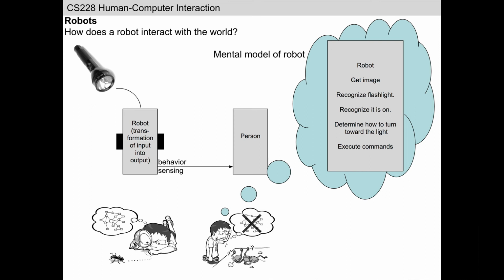If we observe a robot or an ant that is following a light source, we might imagine that that robot or that ant is getting an image of the world around it, recognizing a flashlight, or in the case of the ant, it's recognizing the sun in the sky, turning towards the sun, figuring out how to move, how to turn towards the light, and then moving towards the light. This may seem simple, but this is actually a relatively complicated explanation of what may or may not be going on in the mind of the ant.